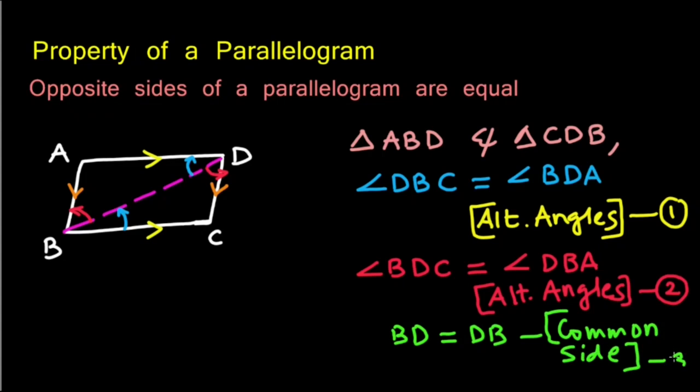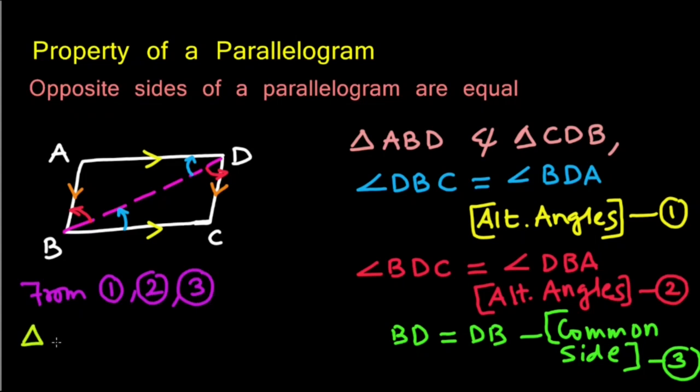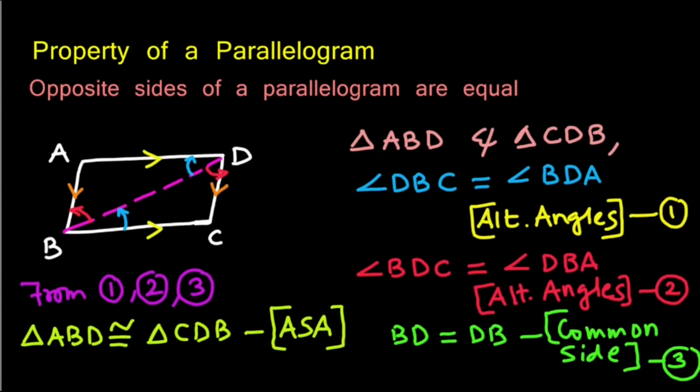We name this 3. So from statements 1, 2 and 3, we can say that triangle ABD is congruent to triangle CDB by ASA test of congruence, which implies side AD equals side BC and side AB equals side DC, because congruent triangles have their corresponding sides equal.